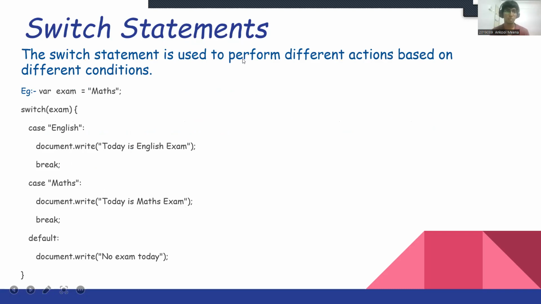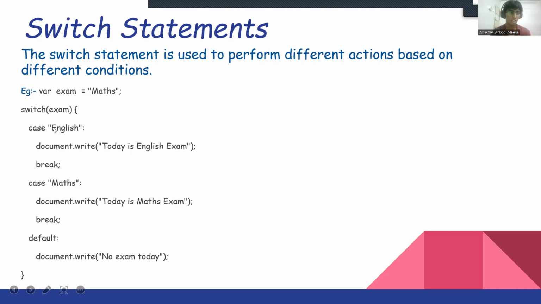For switch statements, the switch statement is used to perform different actions based on different conditions. So we use switch case for that. For example, I have initialized an exam variable as maths, and applied the switch case here with exam. It will go inside and compare all the cases.